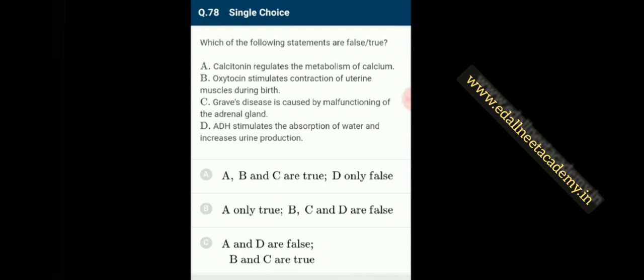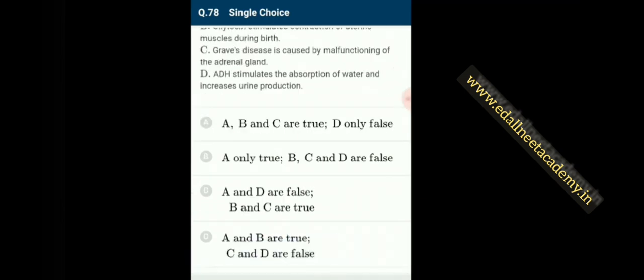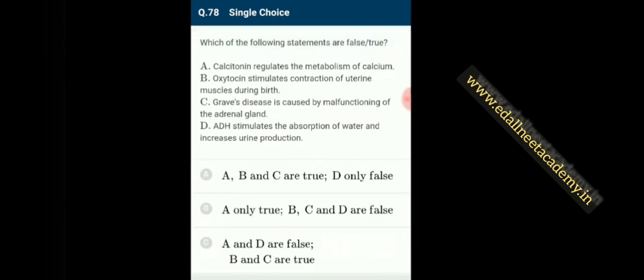Vasopressin, or antidiuretic hormone, generally called ADH, is released by the posterior pituitary and stimulates water reabsorption in the distal convoluted tubules and collecting duct of the nephron, thereby increasing the concentration of urine. This hormone prevents dehydration and reduces urine production. Graves' disease, generally called hyperthyroidism or overactive thyroid, is an autoimmune disorder believed to be caused by genetic and environmental factors. So the answer for this question is option D. From the given four statements, A and B are true, C and D are false.